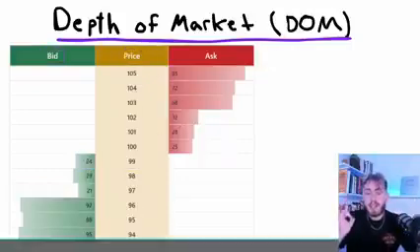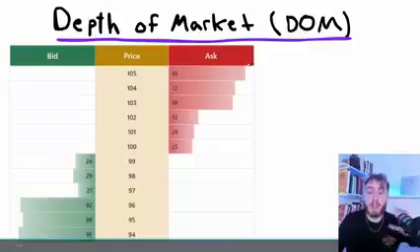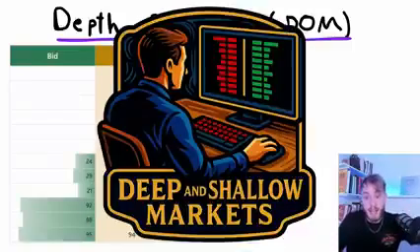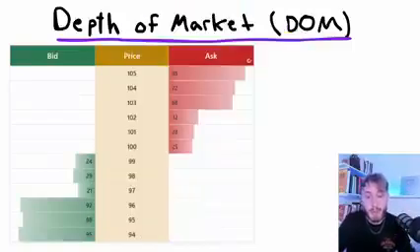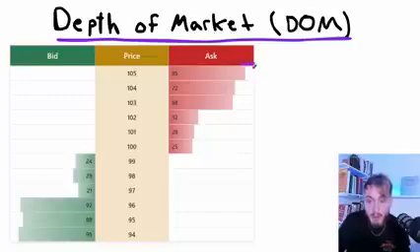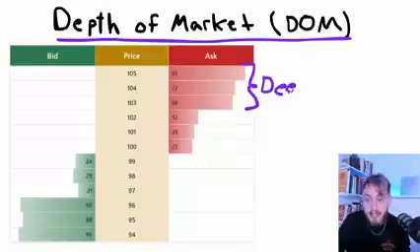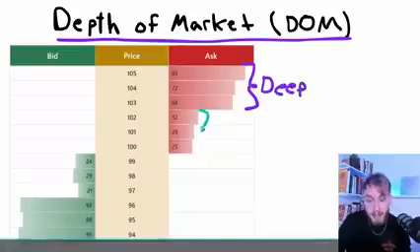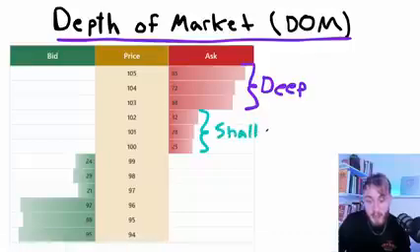But now the next very important concept I want to talk about is the concept we talked about with deep and shallow markets. So remember here, a deep market is a market where we have lots of orders. So for example, if we take a look at this part right here, we can see that this part is much deeper, right? So this part is pretty deep compared to, for example, this part right here, which is much more shallow.